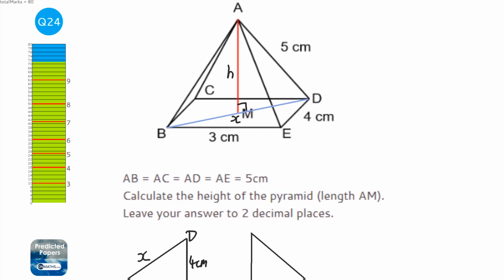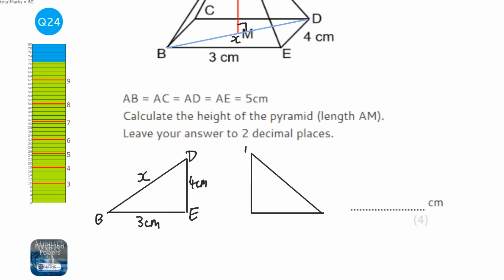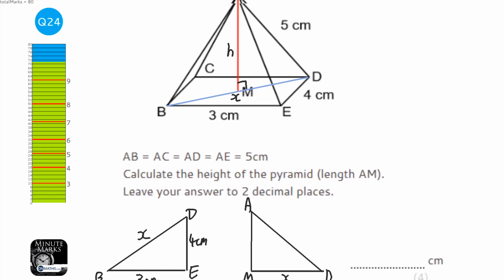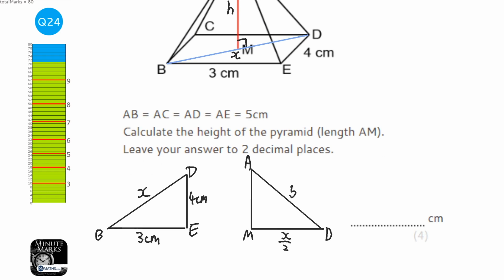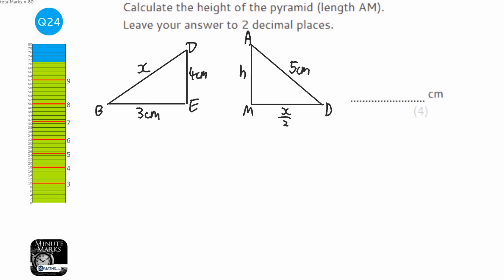So it's A at the top, is it? Yeah. So it's A, M, D. Now we know this one at the bottom is going to be half of x, and at the top it's 5 centimeters. And this one we just call h. Okay, so we're going to work out what x is first, and if you don't know how to use Pythagoras, there's loads of stuff on the site on how to do that.